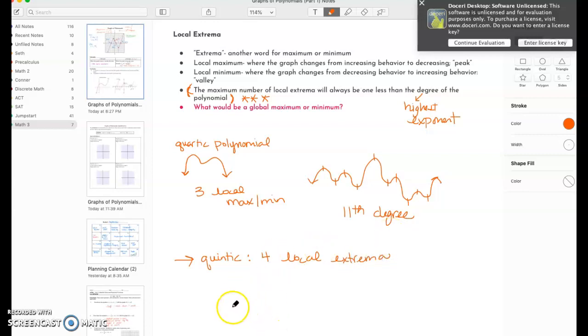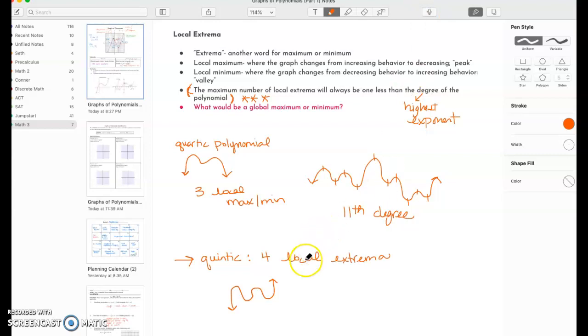And so if I start to draw that, there's 1, 2, 3, 4. And so that would be the graph of a quintic. So again, it's just understanding the relationship between the degree of the polynomial and the maximum number of the local extrema that we can see. The number is always going to be 1 less than the degree of the polynomial.